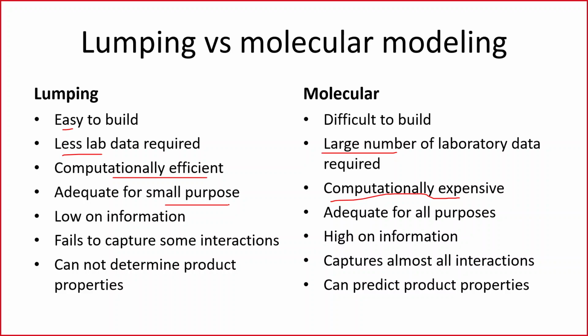So simply to get a direction, this lumping model is a good way to go. The molecular model can obviously be used for many more purposes compared to lumping, and it has lots of information, as we saw earlier. With lumping there are no interactions whatsoever and no product properties, like I mentioned repeatedly already. On this one we can predict the product properties.